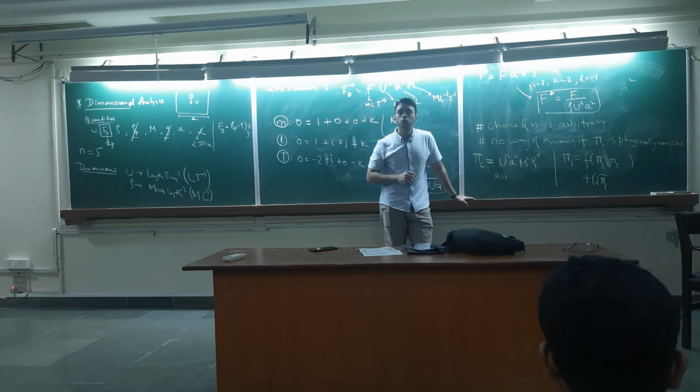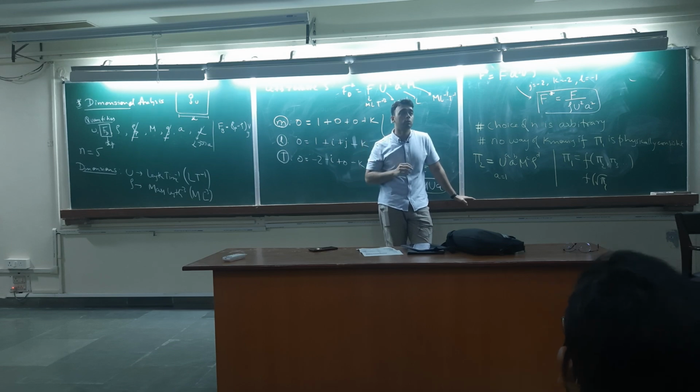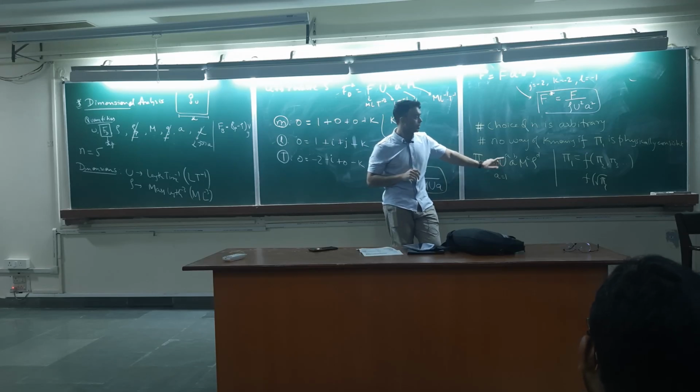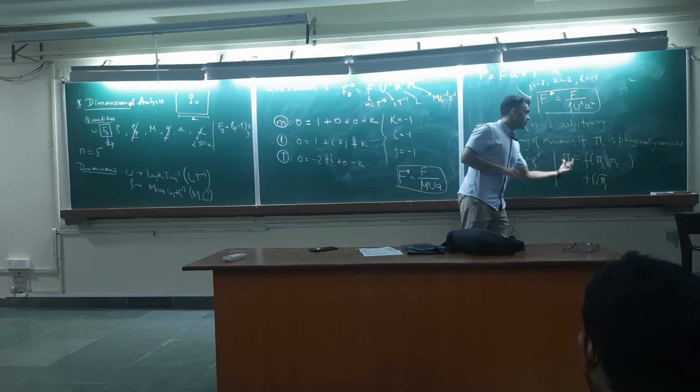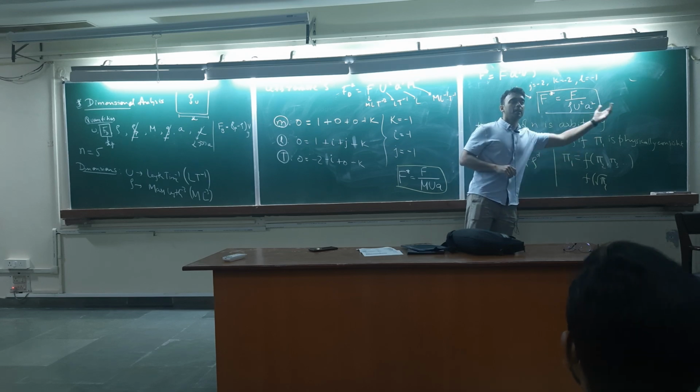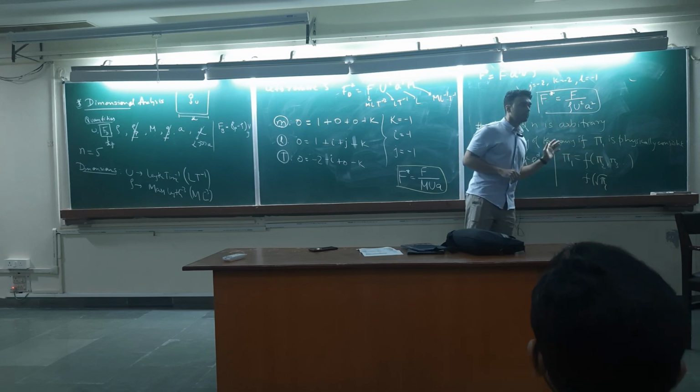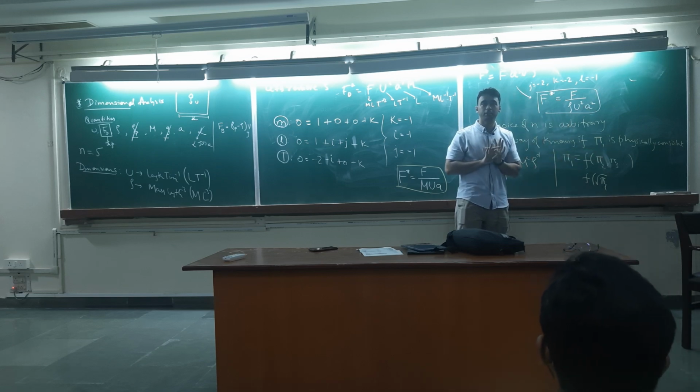Then you could later assume A to be 2, 5 by 2, whatever you want to do. Assume A to be 1 and you are not losing any generality here. It's still general, because of this criticism that I made, that Buckingham pi theorem just tells you that pi 1 will be related to subsequent pi's as just a function. That function is something that Buckingham pi theorem will not comment on.